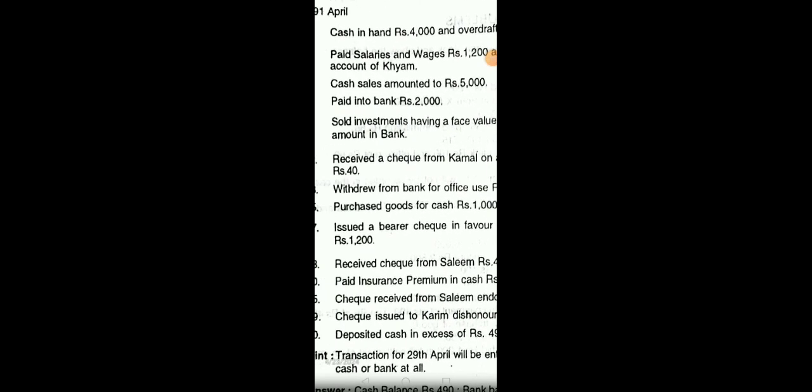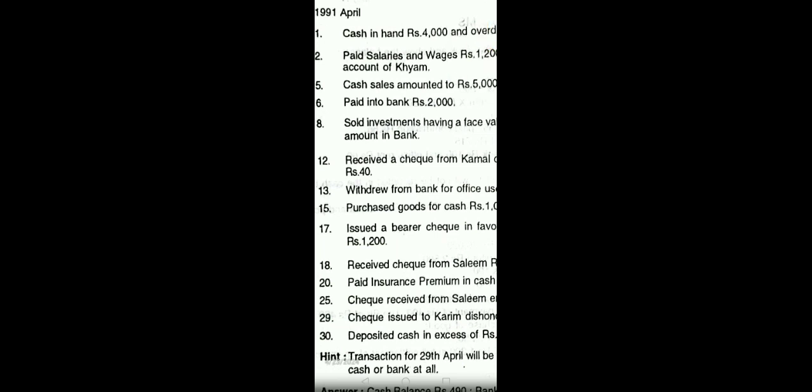Actual value or face value was 2000, but you have sold that investment at a profit, for 4000 rupees, and deposited the amount into the bank. This is a very important factor, deposited the amount into the bank. In this whole transaction, you have sold your investment and received the amount and immediately deposited it into the bank.